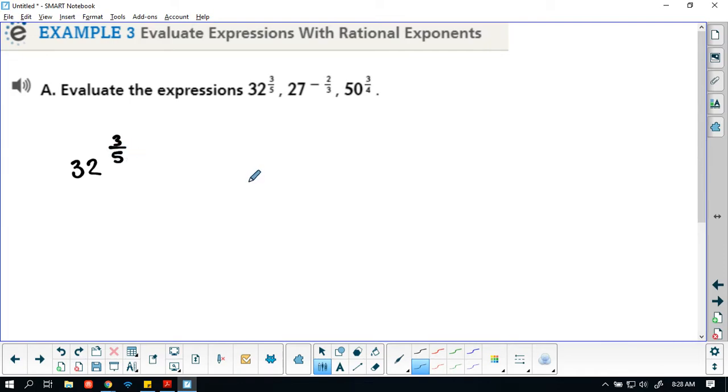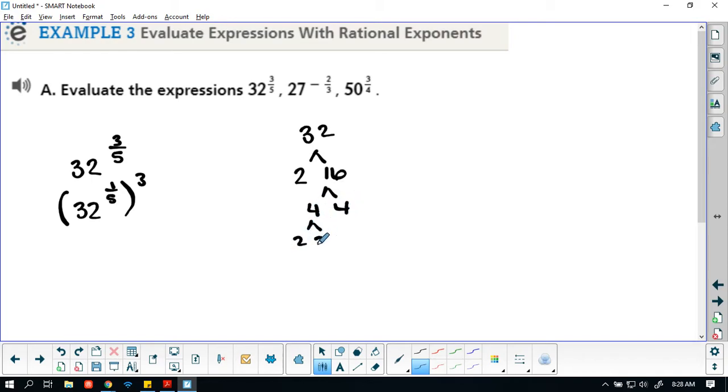All right, 32 to the 1/5, cubed. So over here I'm going to think of values that go into 32. That's going to be 2 and 16, 4 and 4... 1, 2, 3, 4, 5.